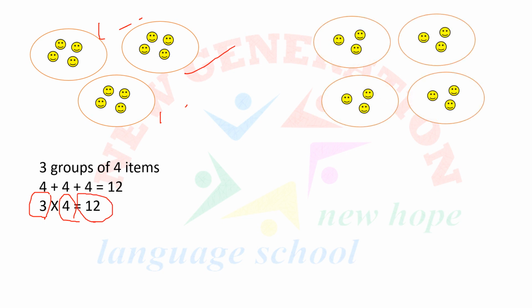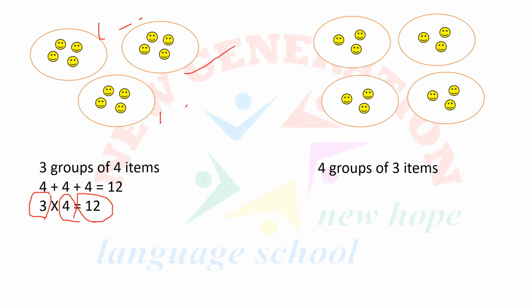So here I reverse the number of groups and the number of items. Here I have 4 groups of 3 items. I want to know the total number of items.